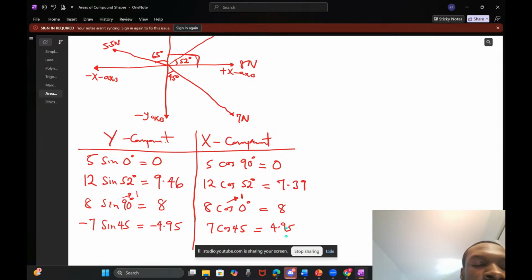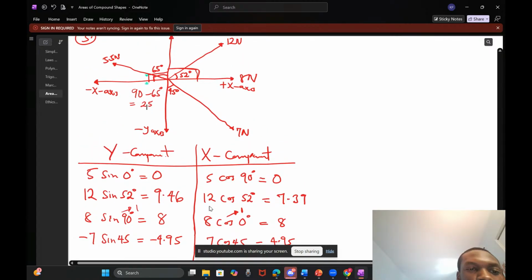But I said that it's always the angle that touches the x-axis that we consider. And we know that the total angle here is 90 degrees, right? So that would be 90 minus 65 degrees. So 90 minus 65 is equal to 25, right?